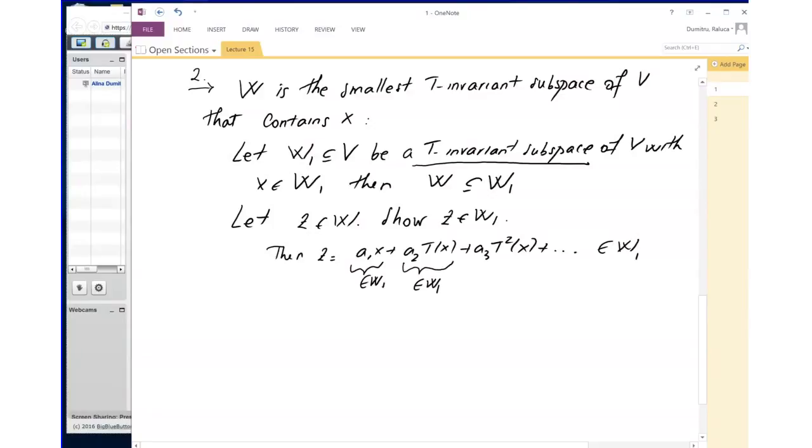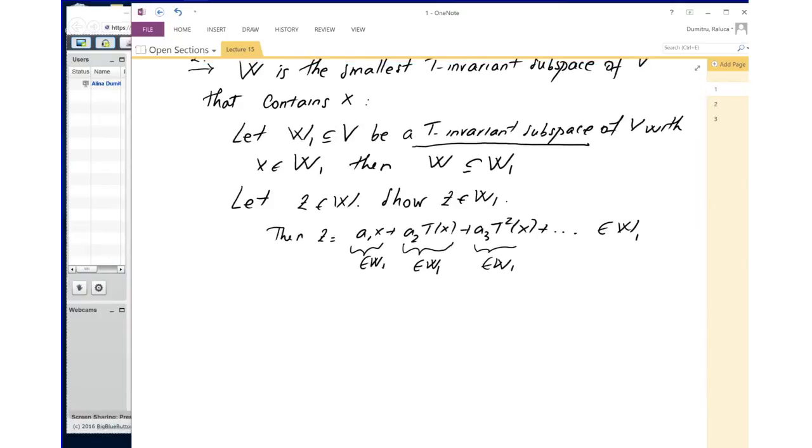Then if T of x is in there, T squared of x is also in there because it's still T invariant. So every term of this sum is an element of W1, which again is a subspace, so it's closed under addition. Therefore, everything belongs to W1. Okay, so W, defined as above, is the smallest with this property.